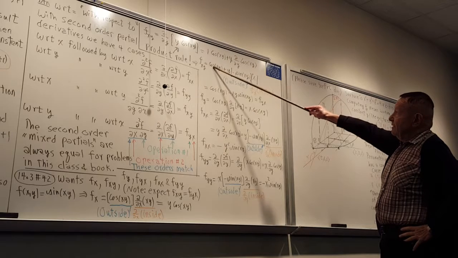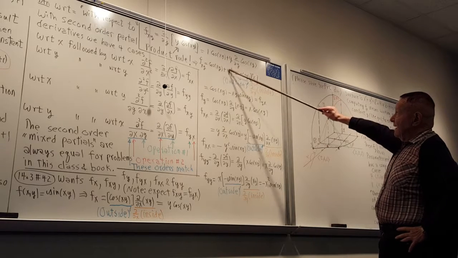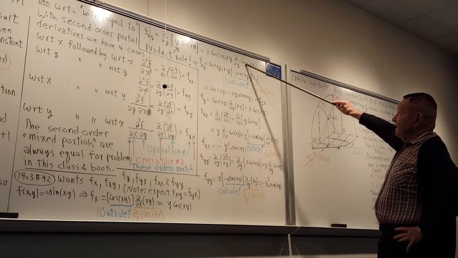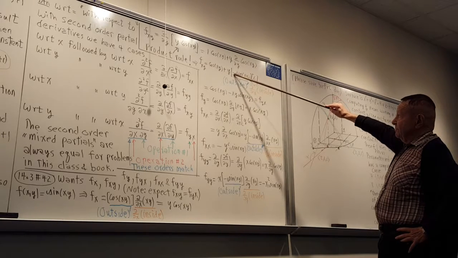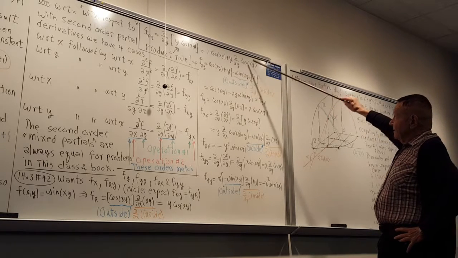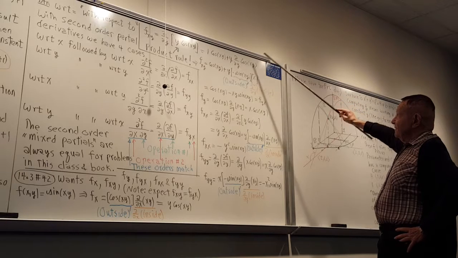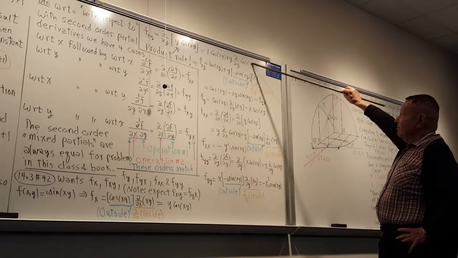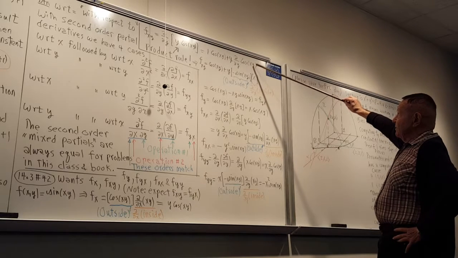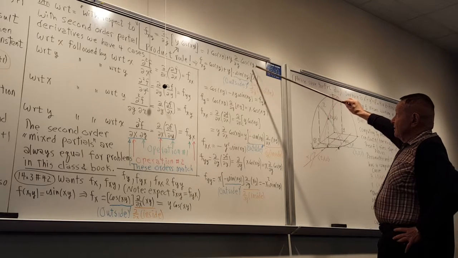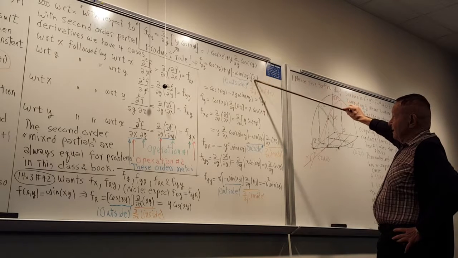So I copy this and that, and then outside is cosine, outside prime is minus the sine, leave this alone, times inside prime with y, so that's the partial of xy with y, so that's the x.